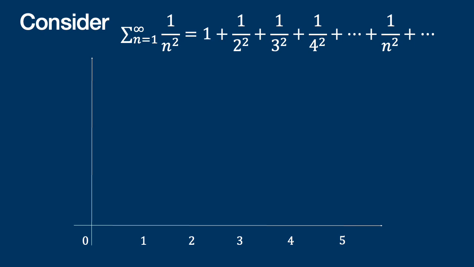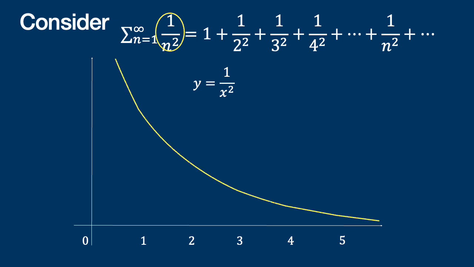So you see an is 1 over n squared. You can find the function which is related to this sequence. That's going to be f(x) is 1 over x squared. So I sketch it.